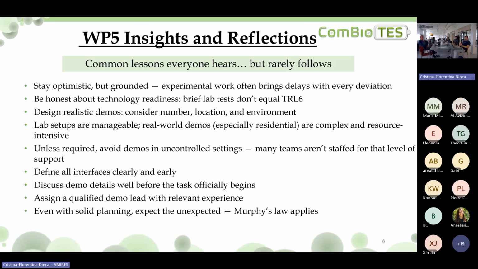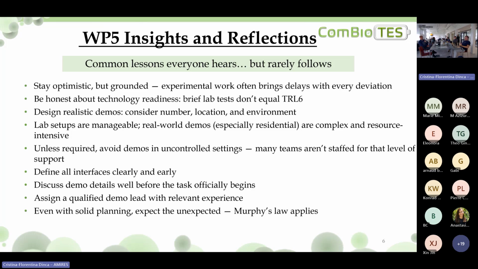Because in general, in the lab, when you have tested one component for 2 hours in perfect conditions, you say, okay, this component is almost industrial, but it is not the case. It's just a lab component. And now the European calls are asking for TRL7, because we have said for many years that we are at TRL6, but we are not. So we have a big problem, a big issue.